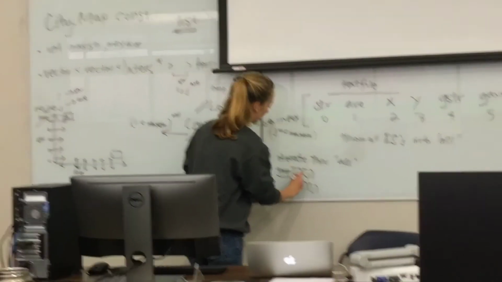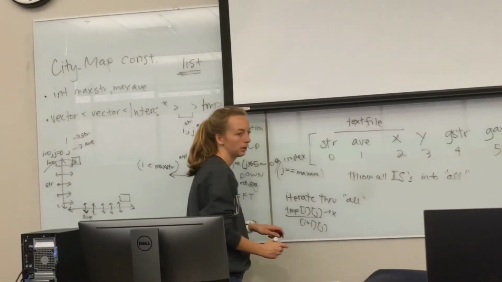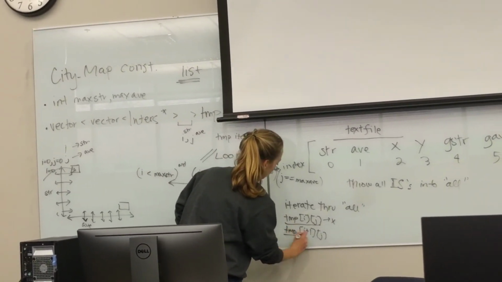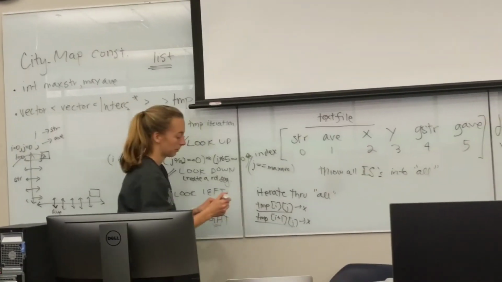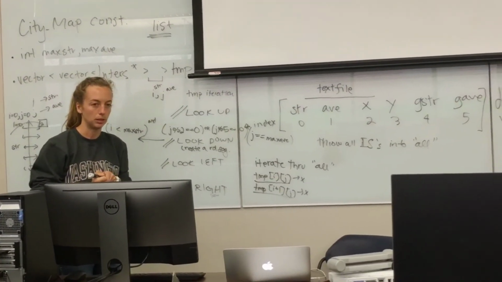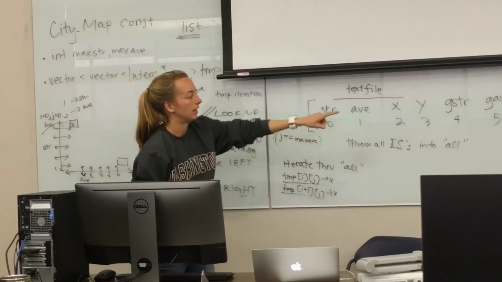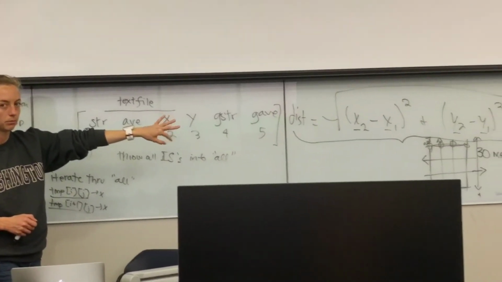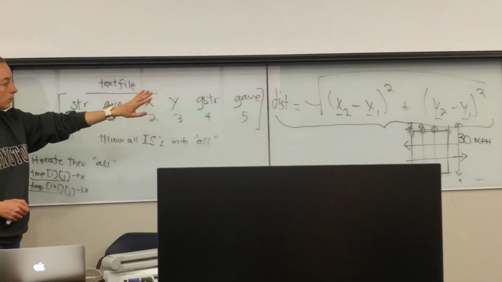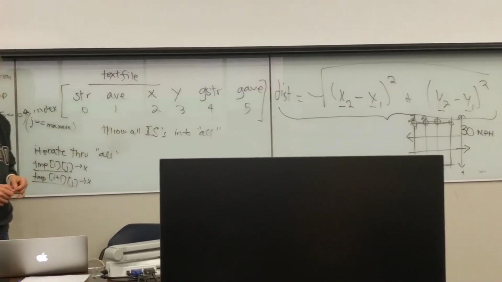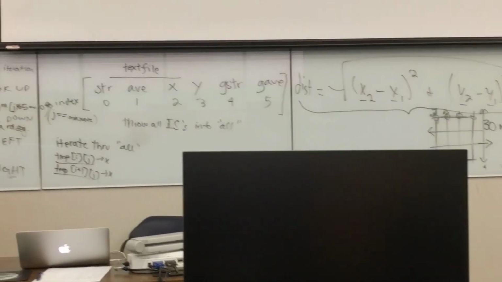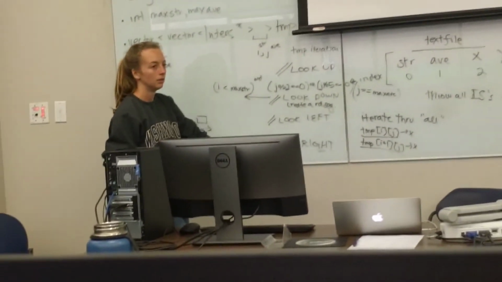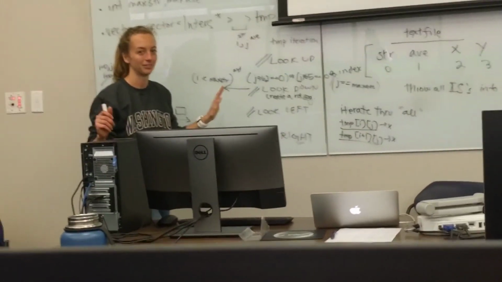Since this is an intersection, you can grab its x coordinate by doing arrow x. And this is also an intersection, and you can grab its x coordinate by arrow x. If you take the difference between those two, that's your diff x that you would pull into your distance formula here, that you would end up squaring, adding to the y diff that's squared, and then taking the square root of it. So once you make all of your road segments and go through looking up, down, left, and right, then you're done with the constructor.